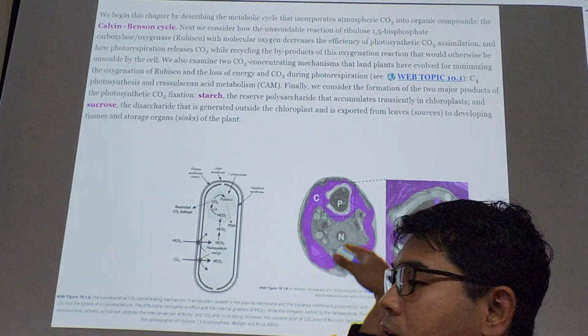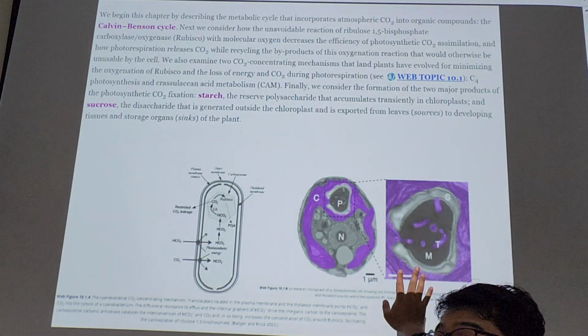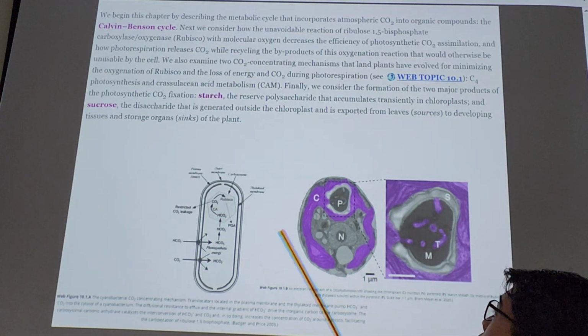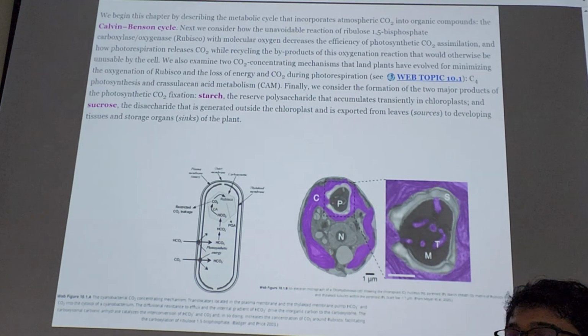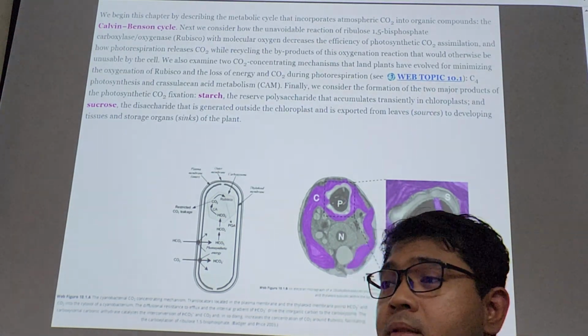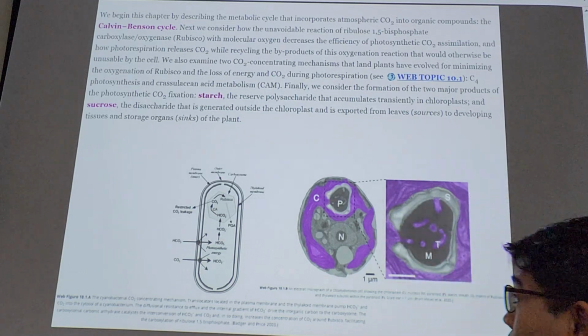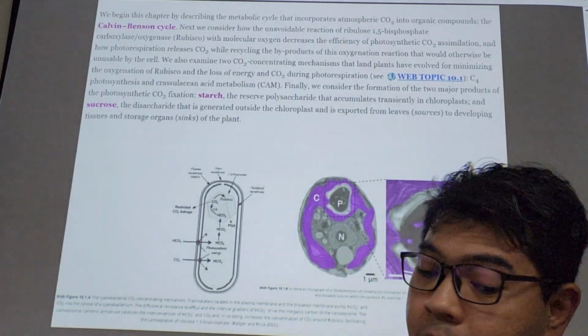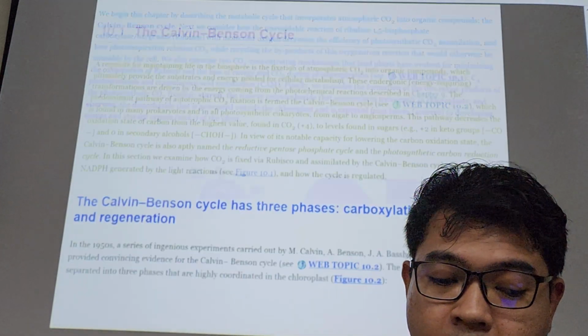Otherwise, they would have this special structure. There are some labs that I know in Australia trying to introduce the pyrenoid into plants, because the pyrenoid, for some reason, works well with the chloroplast. If they got that, it would be a huge leap in scientific discovery.